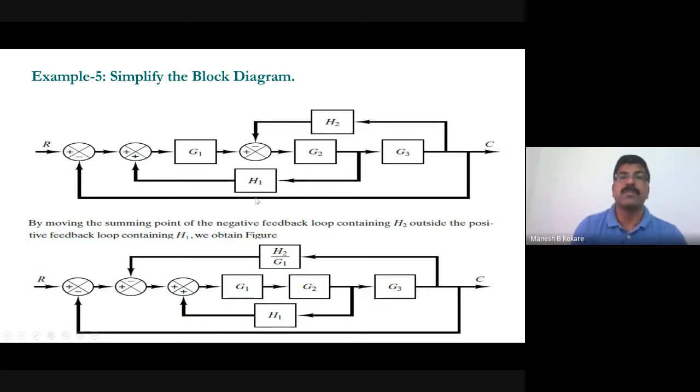And if this is H1 by G3, what will happen with this one? This one and this one, G2 and G3, will be in cascade. So you can reduce into a single block that is equal to G2 G3, and then after that this H2 will be in a loop. So G2 G3 divided by 1 plus, because this is negative feedback, G2 G3 into H2.